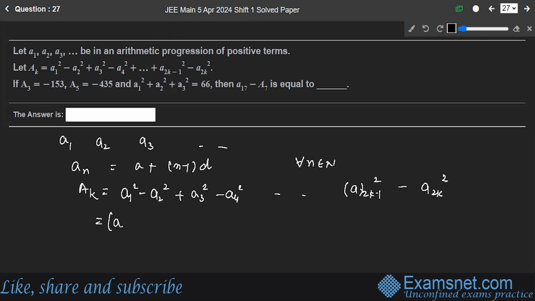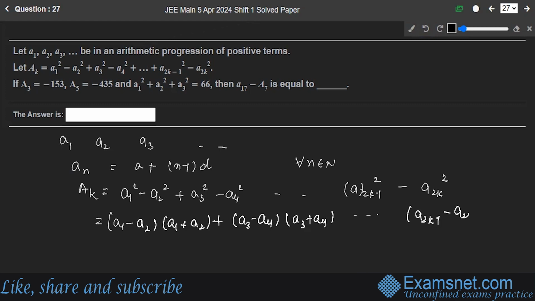This can be written as a1 minus a2 into a1 plus a2 plus a3 minus a4 into a3 plus a4, so on till a(2k minus 1) minus a(2k) into a(2k minus 1) plus a(2k).